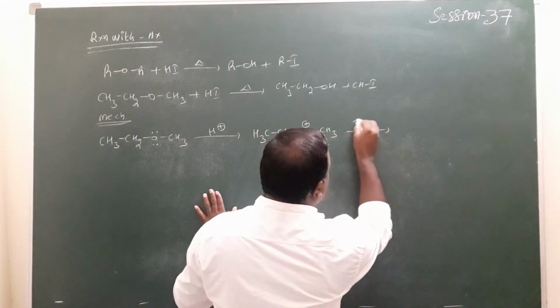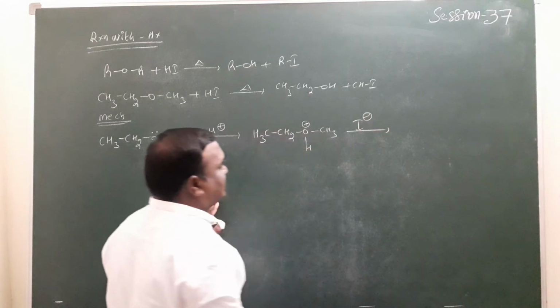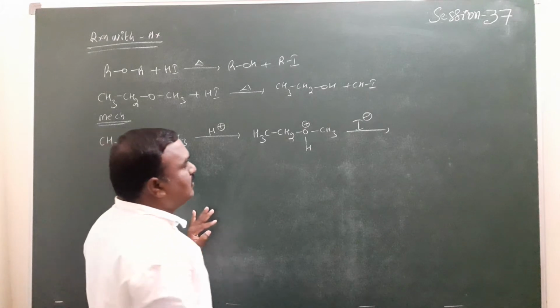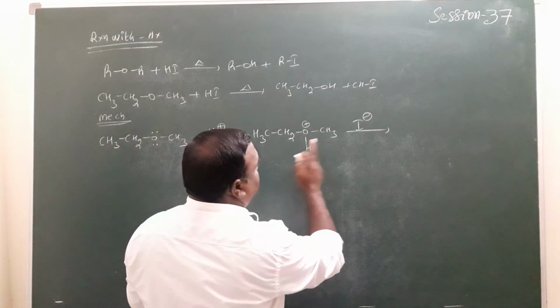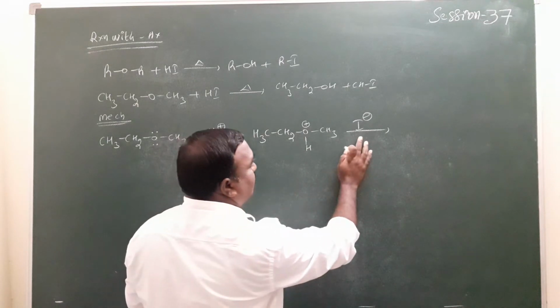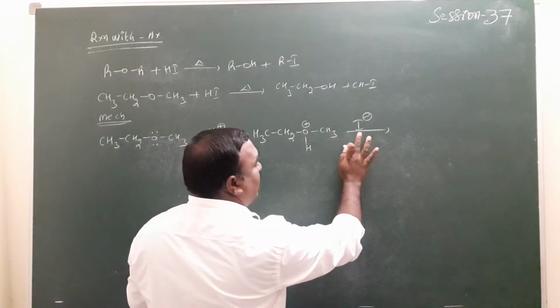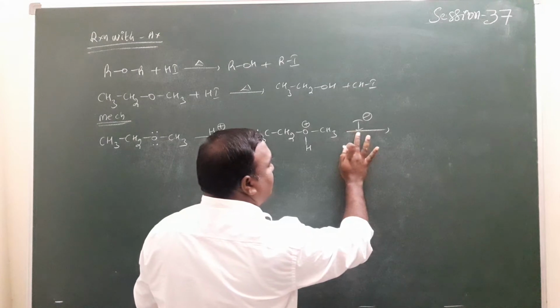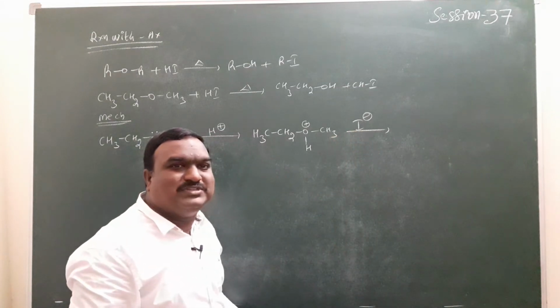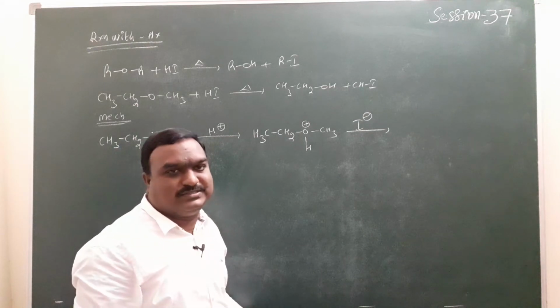The second step is the nucleophile attacking step. The incoming nucleophile prefers to choose the less sterically hindered compound, which has small size.